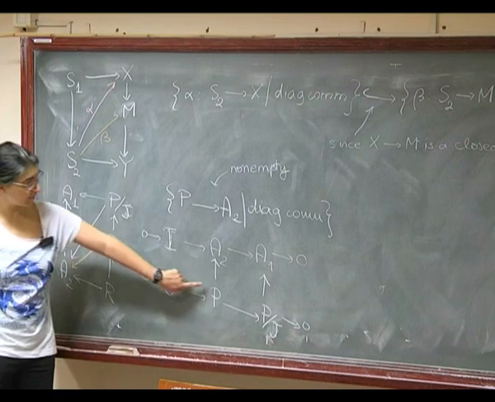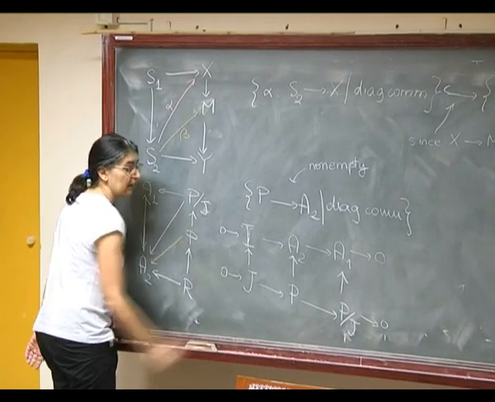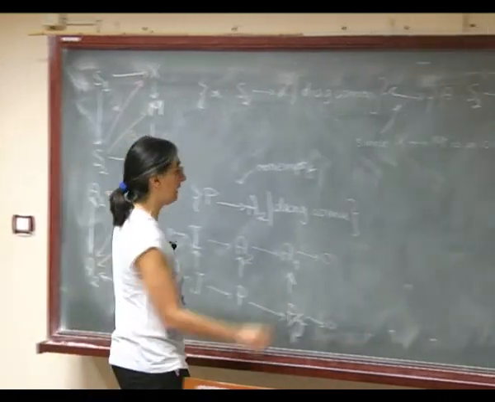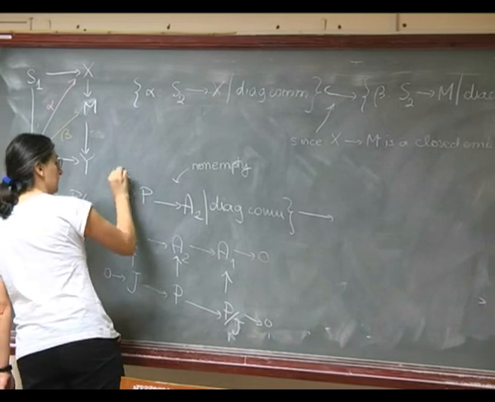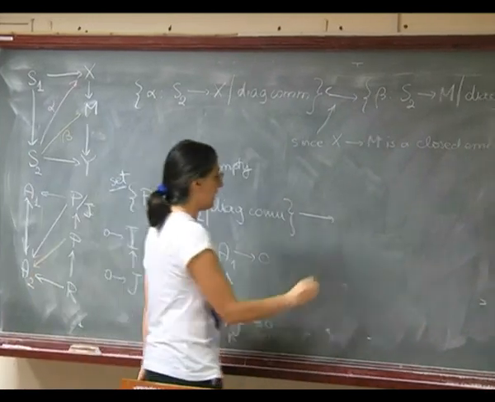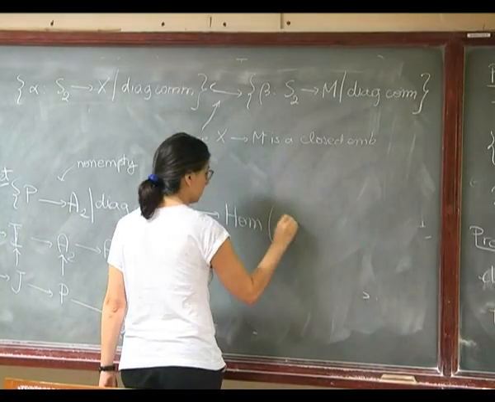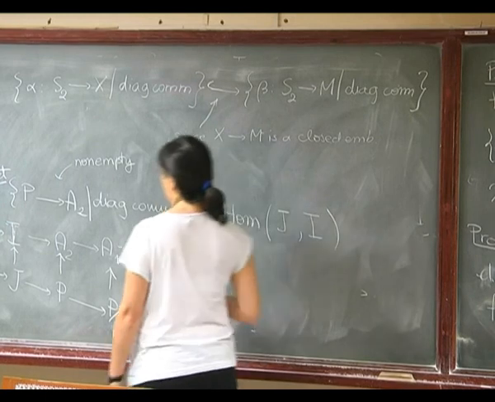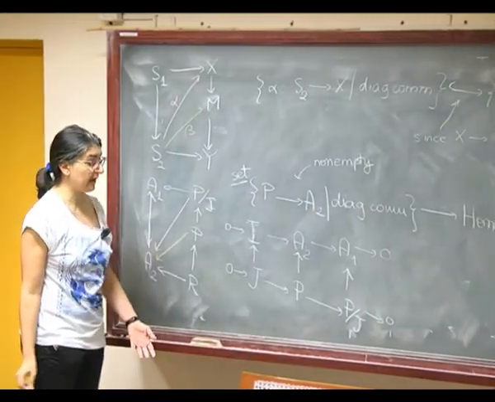So in particular, such a map induces a map from J to I. So this is just a set, notice, and this maps to homomorphisms from J to I. What property do these morphisms have?